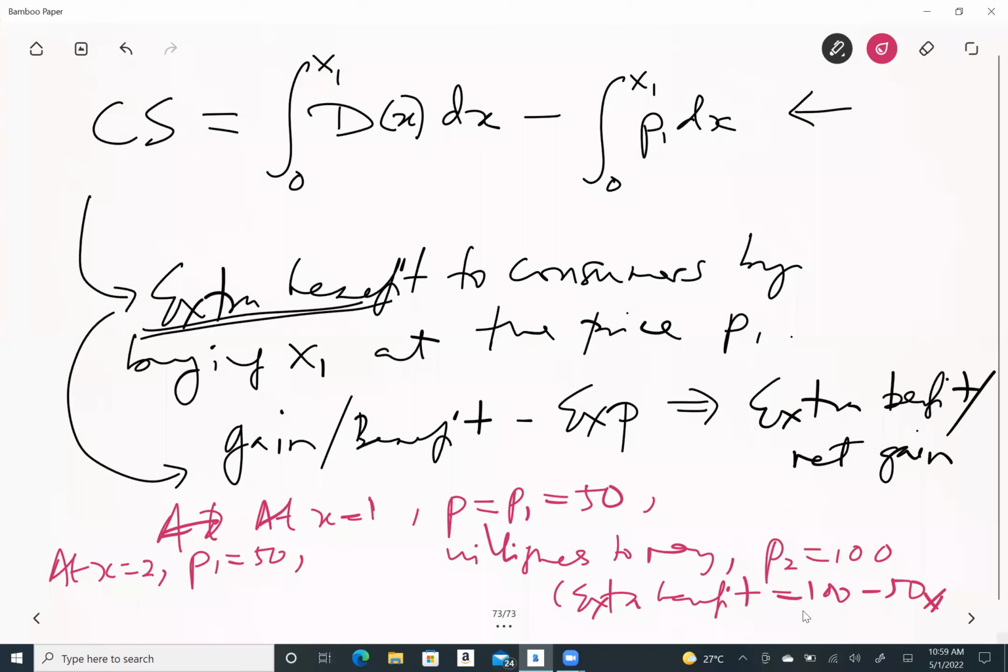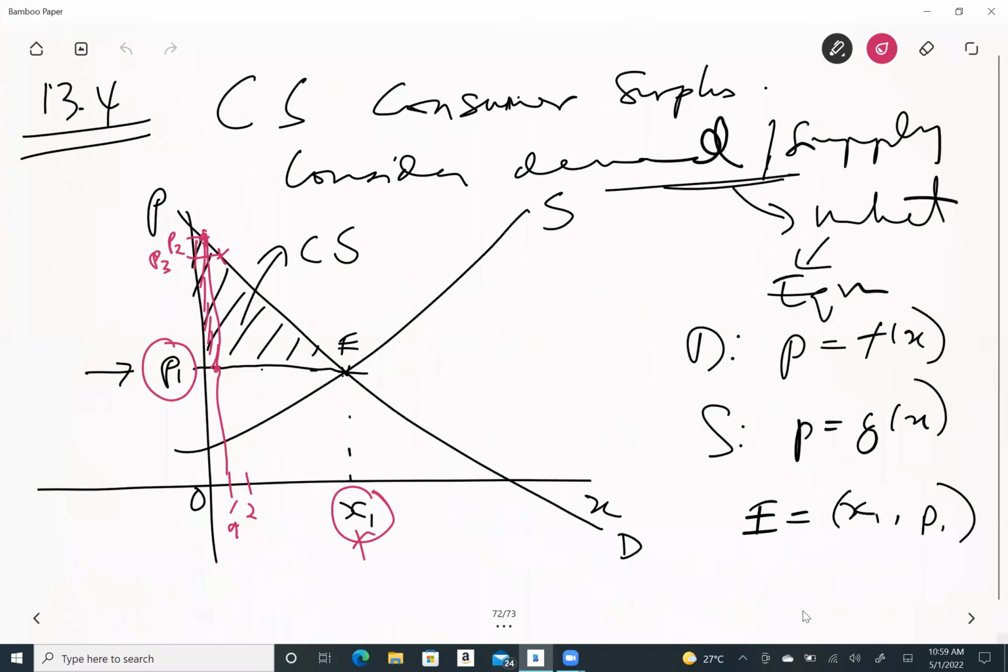But how much is my willingness to pay? I'm willing to pay P3, lower than 100. Say P3 equal to 90. So what is my extra benefit? 90 minus 50, 40. I'm still happy because I gain 40.